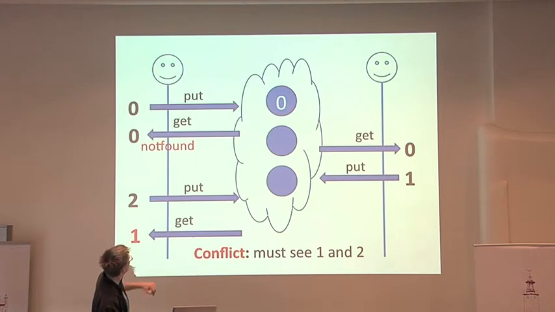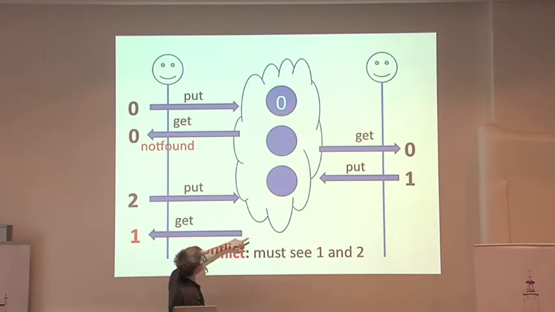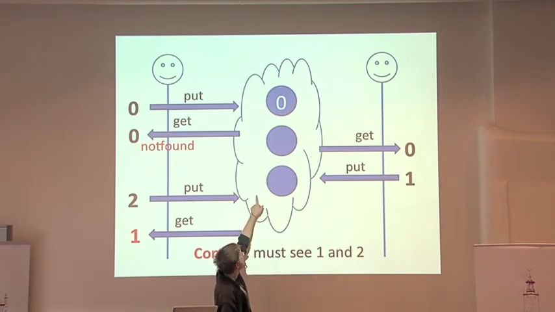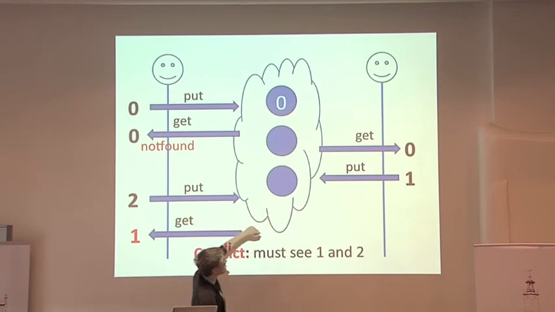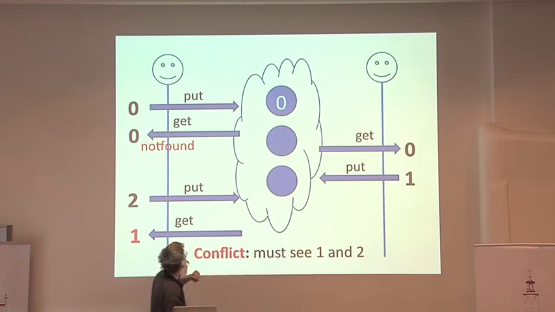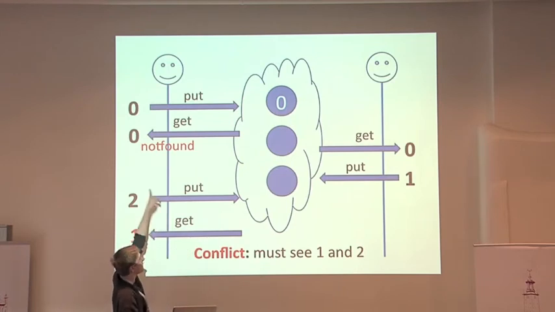And then the clock magic will just discard this, because this put here will create an object which has been touched once by the first guy, putting 0, and once by the second guy, putting 1, and this object that comes in here has been touched once by the first guy and never by the second guy.